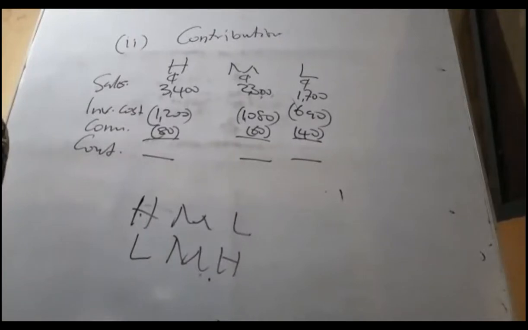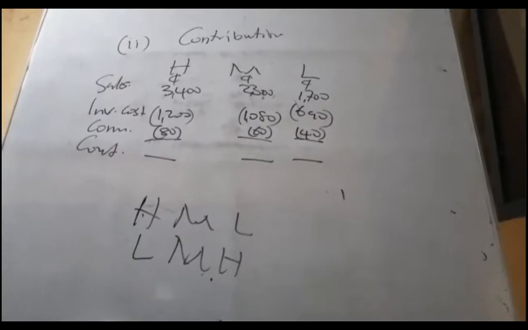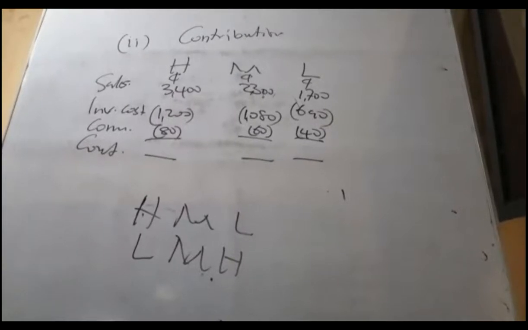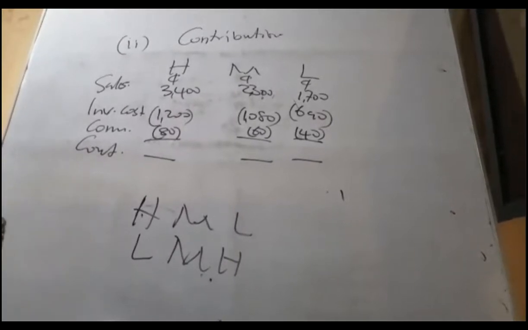So the contribution will be 3,400 minus 1,200 minus 80. Any answer for me, friends online? We're about to end the game, so kindly let me have the solution if possible.